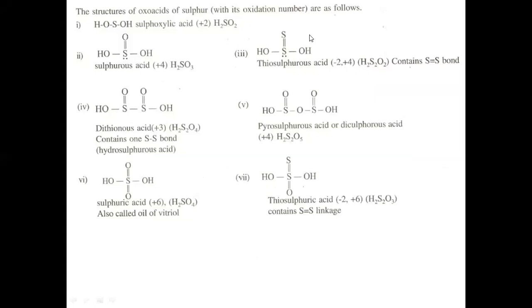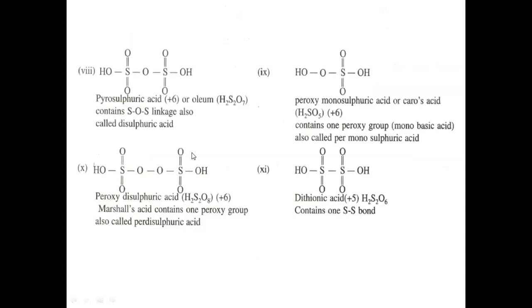See, in this diagram, I will show the structures. So this is a sulfuric acid, H2S2O8. We have to discuss the structure of it. See, H2S2O8. This is a peroxysulfuric acid.